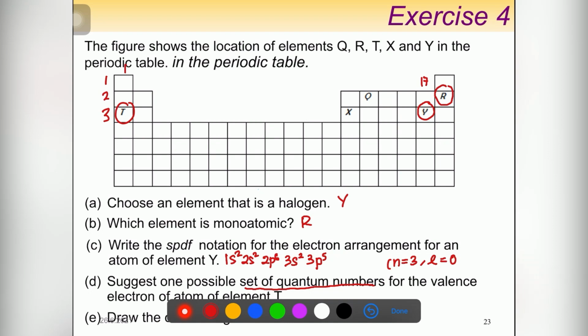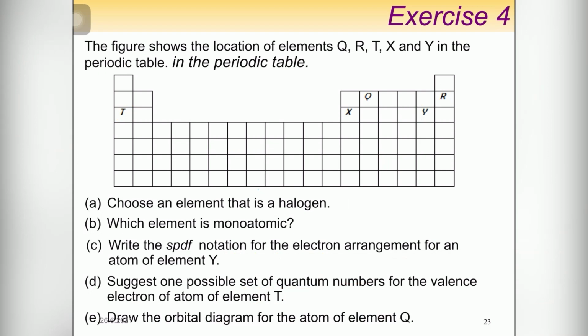And then m, orientation: when l is 0, m is also 0. And s is either positive half or negative half, one of them. So I put here the positive half and put the brackets. So this is the set of quantum numbers. One set only, because there is only one valence electron.